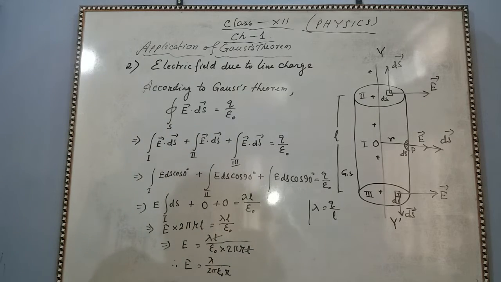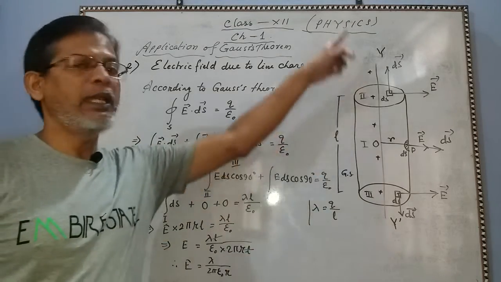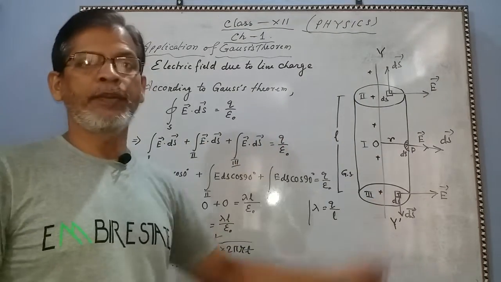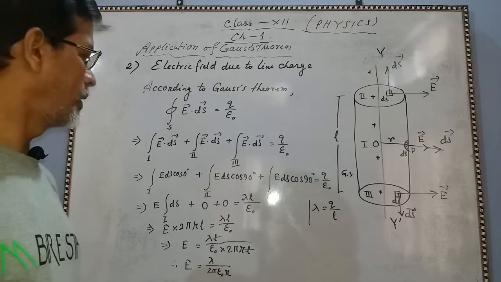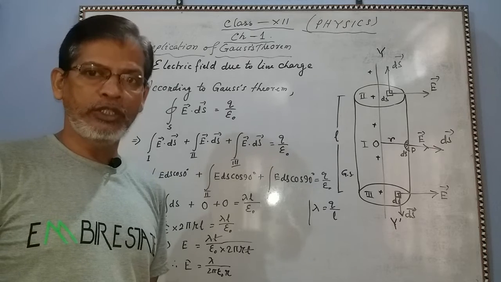This is the expression for the electric field due to a line charge at point P, and we have derived this by using the Gauss theorem.